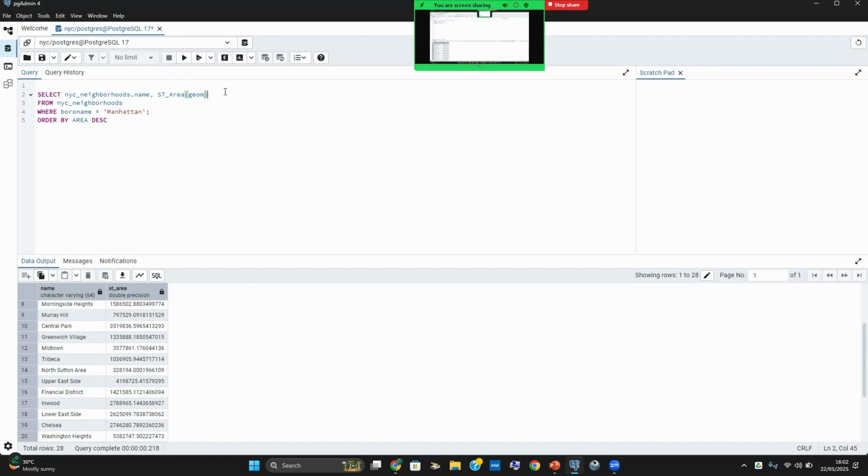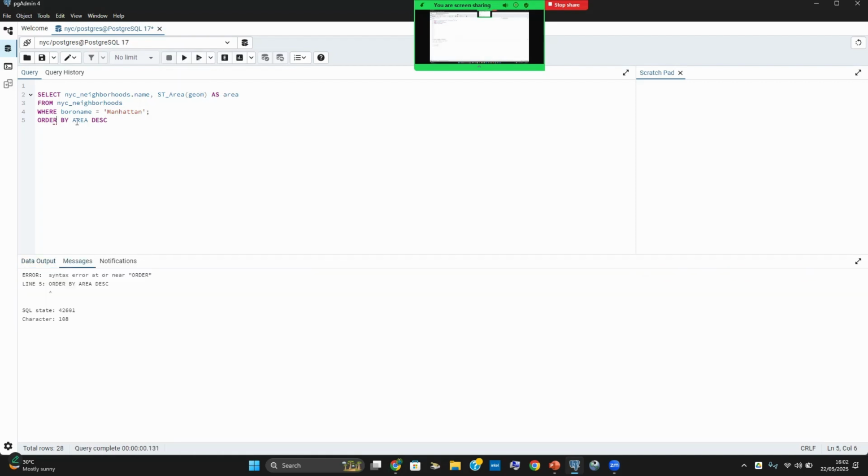There's something else, yes, we have to add in. We have to define what the area is. So you have to be very careful when you're typing these things because something else is missing. Order by area.